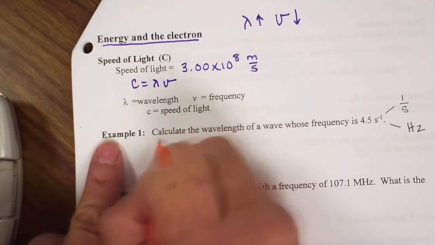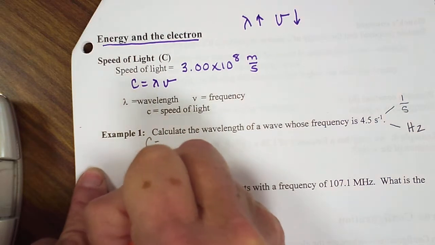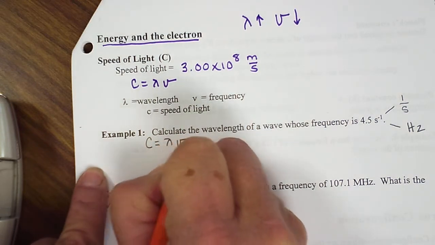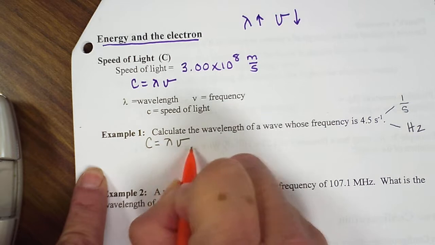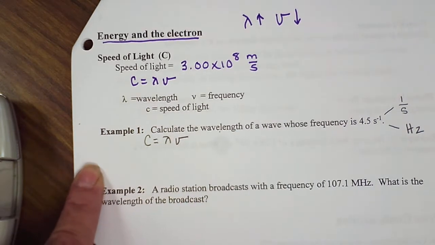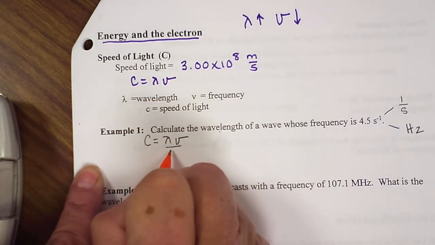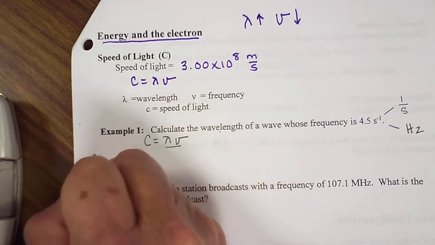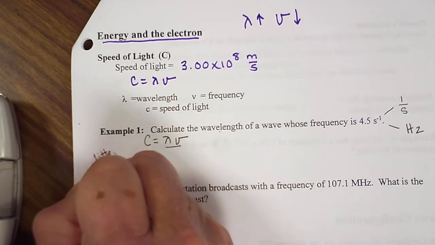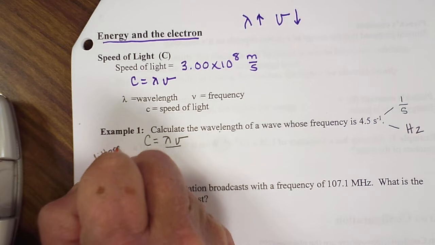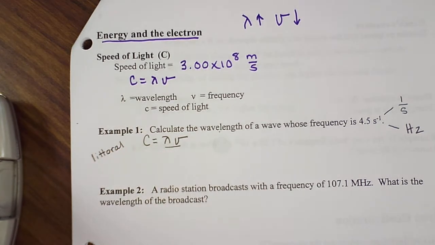We start with our formula, C equals lambda nu. We want the wavelength, so let's solve for wavelength, which means we're going to use a literal equation. This is an algebra 1 term; literal means there are only letters. You may remember doing literal equations in algebra 1.